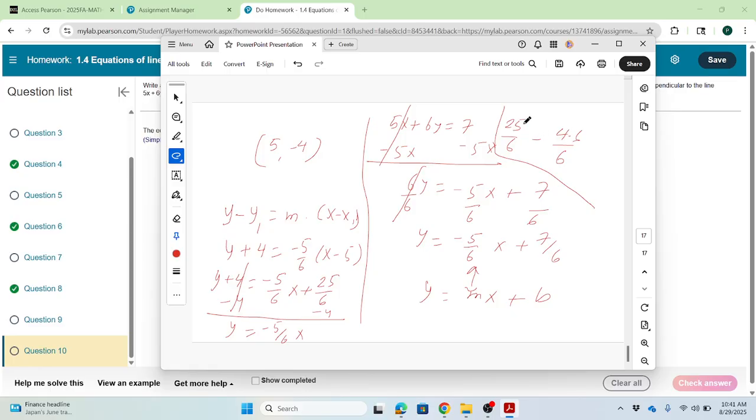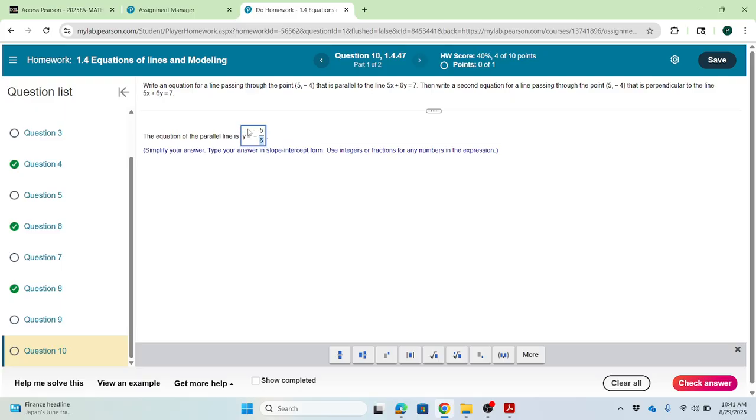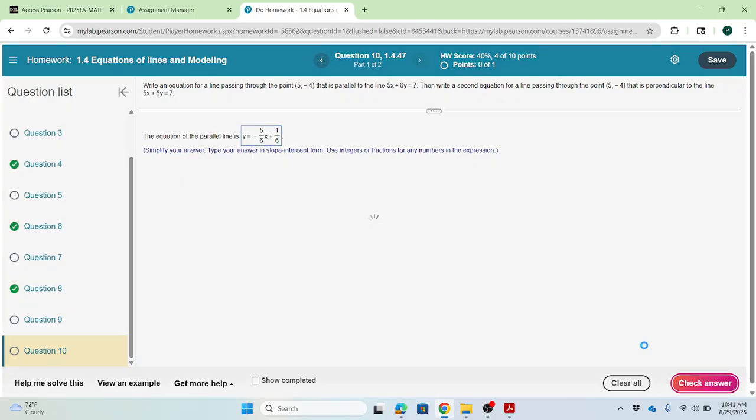So that would be 25 minus 24. Because they have the same denominator, it's 25 minus 24 divided by 6, which is 1/6. So that's the answer for this part: y equals negative 5/6 x plus 1/6. That's the equation parallel to this line and passing through this point.